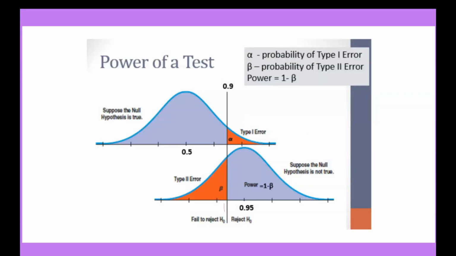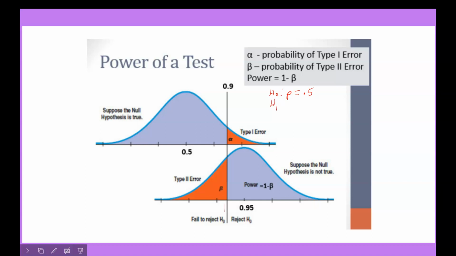The following diagram can help you understand the relationship between making a type 1 error, a type 2 error, and the power of the test. The top normal curve that we see here is based on the null hypothesis. So we can see from the diagram that the mean looks like it's 0.5.